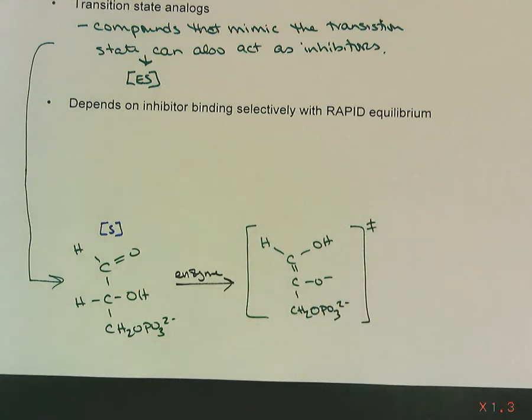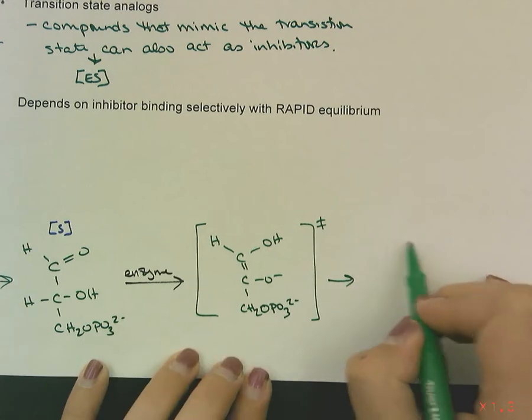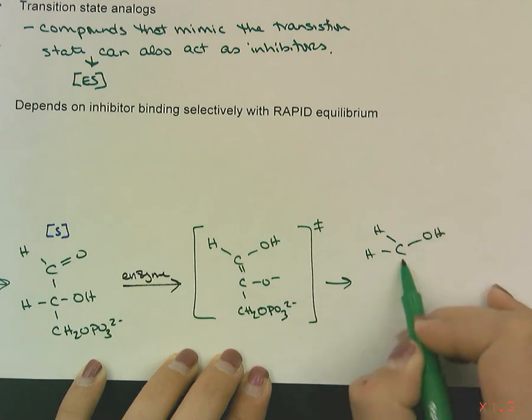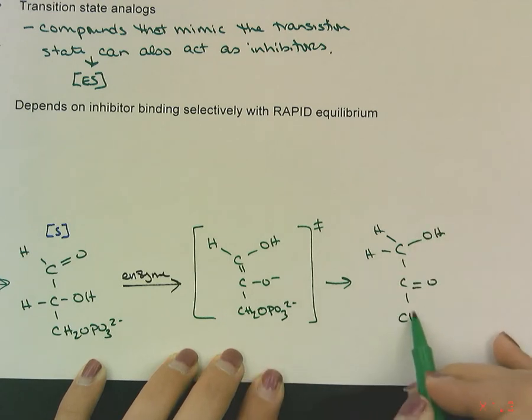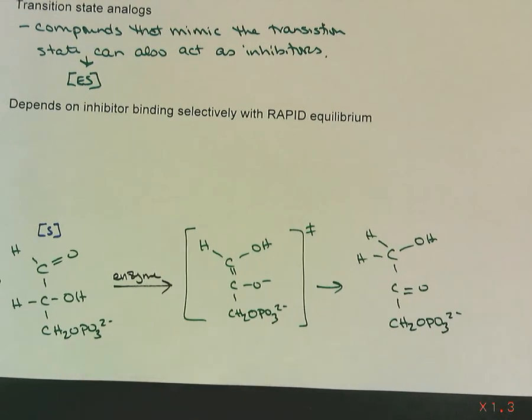This enol form that we looked at when we first started enzymes. That's one of the examples we looked at, where we go through a transition state through an enol form. A transition state analog means that there is a different compound that looks very similar to this compound that will compete for the active site.